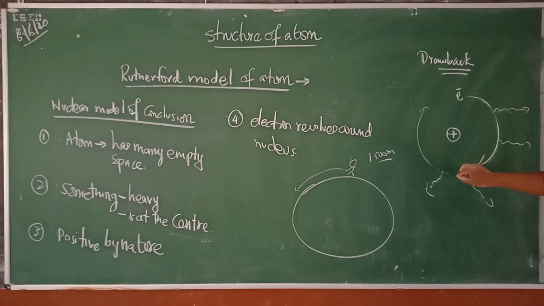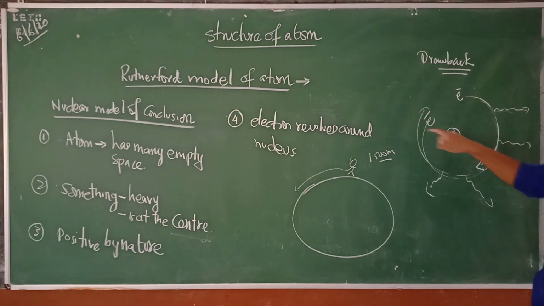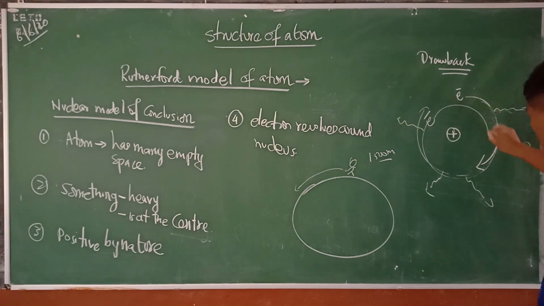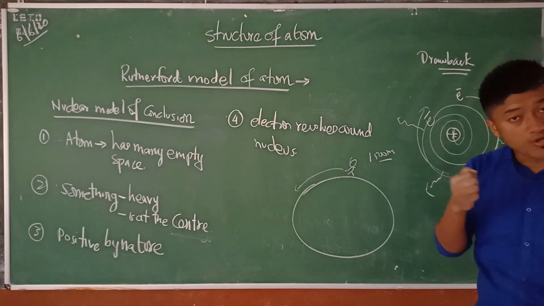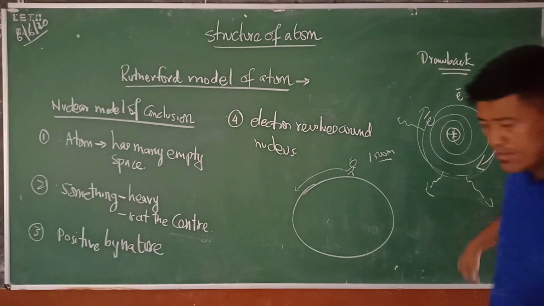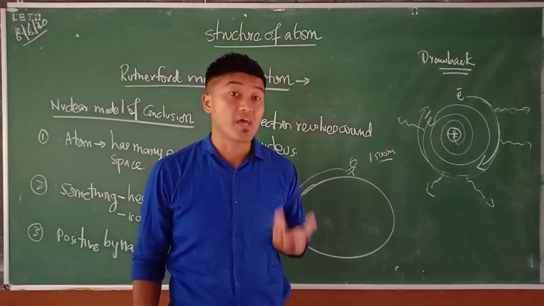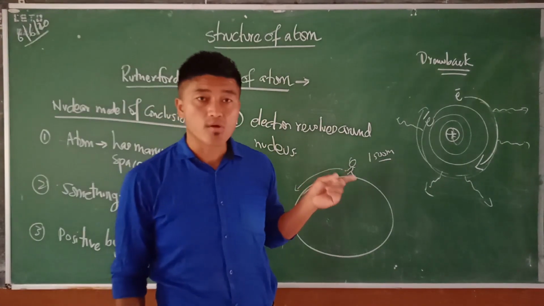If the energy is lost, the electron will gradually come closer to the nucleus, because negative and positive attract each other. At some point they are going to collide, or join with the nucleus. If this happens, then the whole structure or concept of the atom is not going to exist. So that was the drawback of the Rutherford model of the atom.